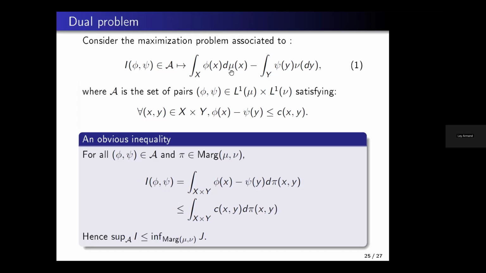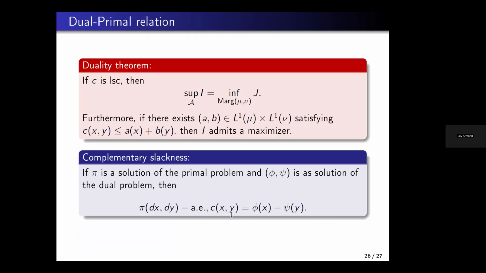There is one obvious inequality, given here in this block: the supremum is inferior to the infimum for the primal problem. So the obvious question is, do we have equality? And the answer is surprisingly yes.